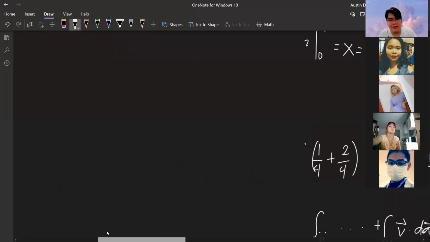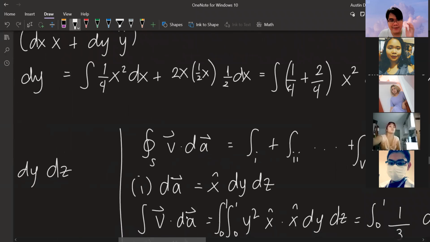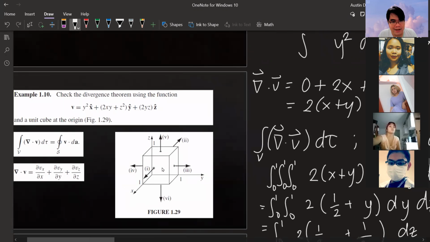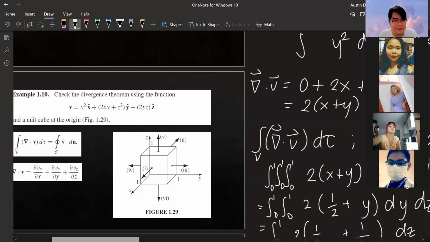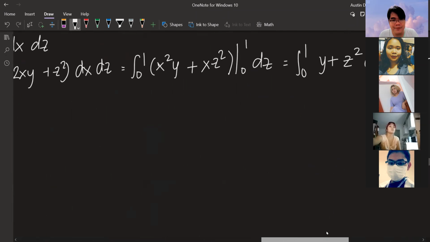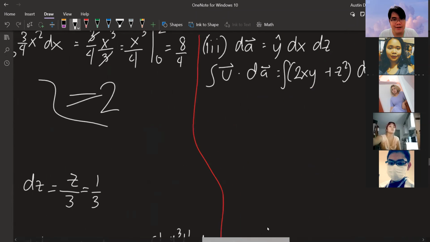Okay. Now, marirealize nyo ngayon na pag binaliktad natin, dito tayo sa number 4, yung area natin is along negative y hat, tapos same dx dz. It's not as simple as putting negative sign on your integral, di ba? Okay, so gawin natin si number 4.